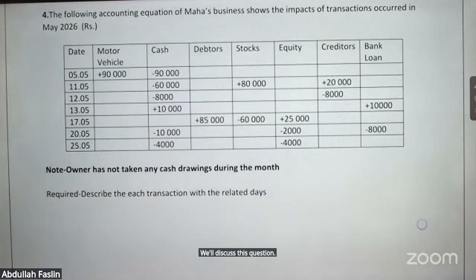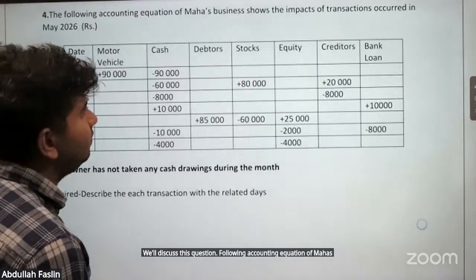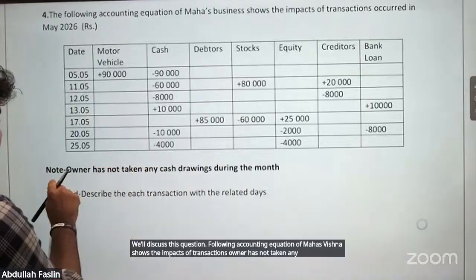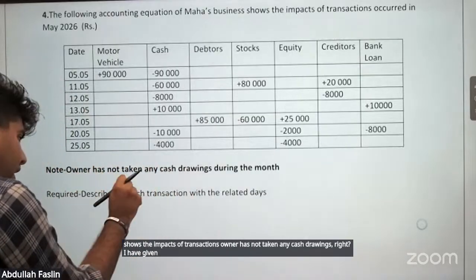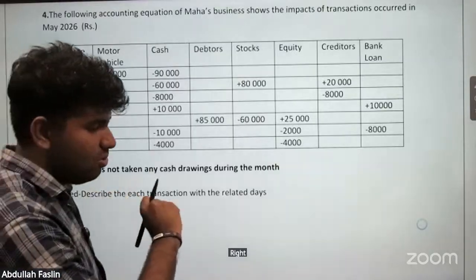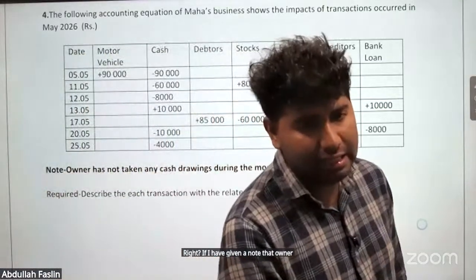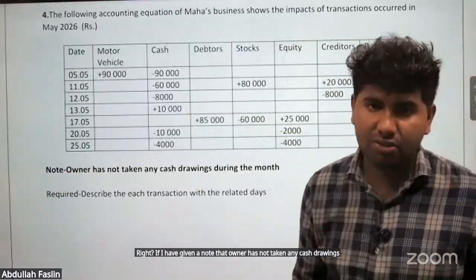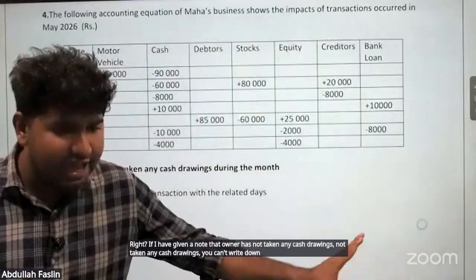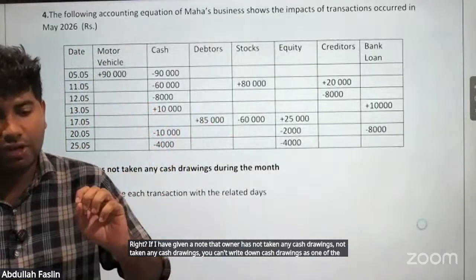The following accounting equation of Maha's business shows the impacts of transactions. Owner has not taken any cash drawings, right? I have given a note. If I have given a note that owner has not taken any cash drawings, you can't write down cash drawings as one of the descriptions. That is what you have to understand.